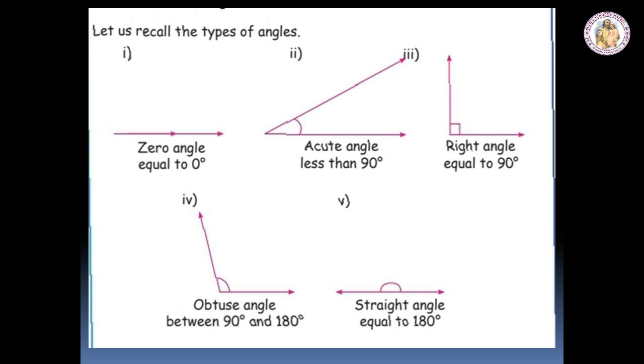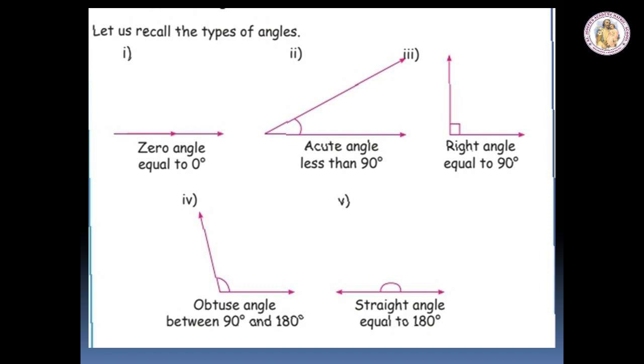Acute angle means it is less than 90 degree. 10, 20, 30, 40, 50, 60, 70, 80, 85, 89, below 90, that is called acute angle, less than 90 degree. Third one, right angle. Right angle means it is always equal to 90 degree. If you keep the protractor, it is always equal to 90 degree. It is called right angle.